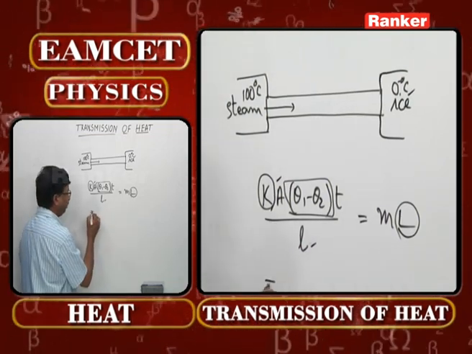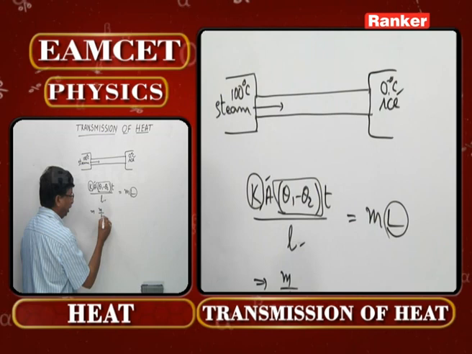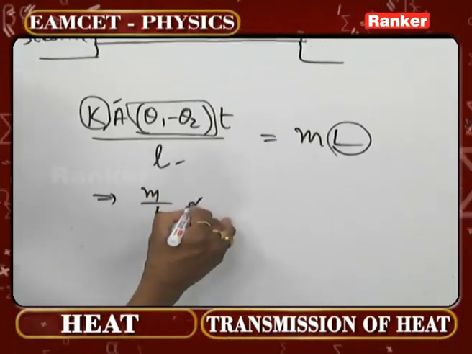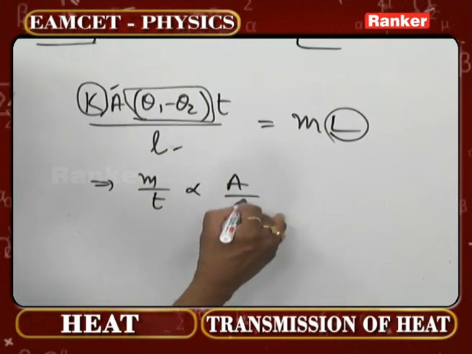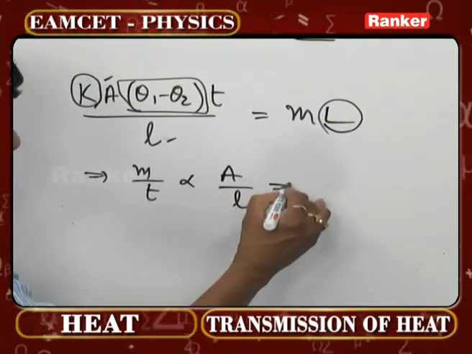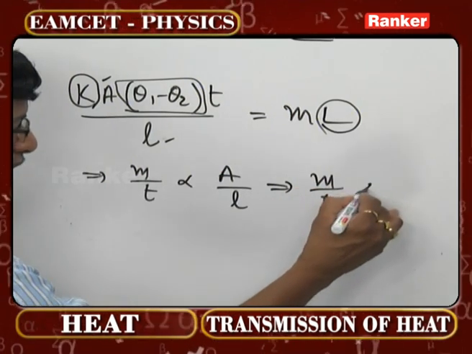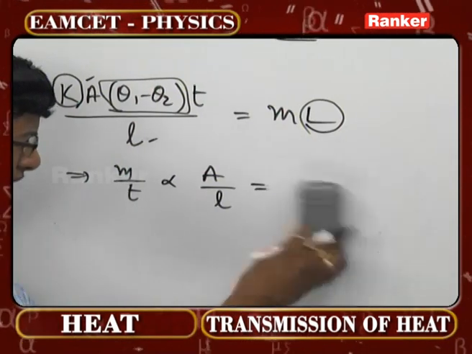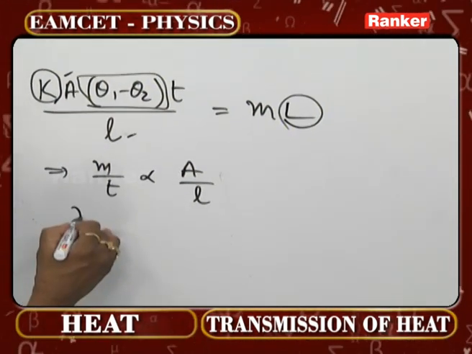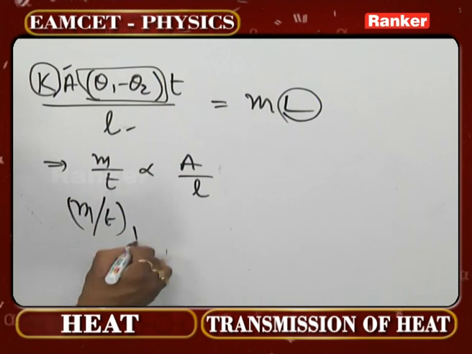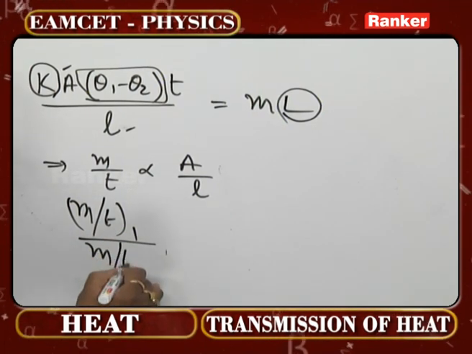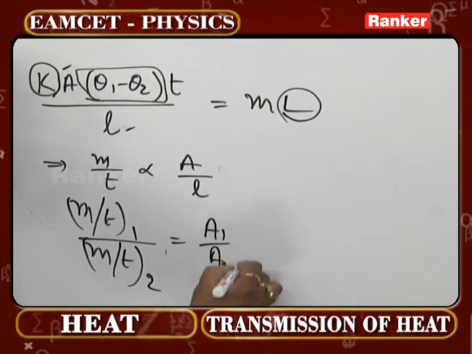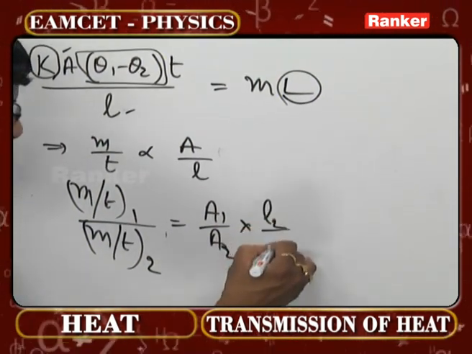So what can we write from this now? M by t, the mass of ice melted per unit time, is proportional to A by L. In other words, M by t is proportional to R square by L, that is A by L. If you take the ratio of M by t of the first rod to M by t of the second rod, that is going to be A1 by A2 into L2 by L1.